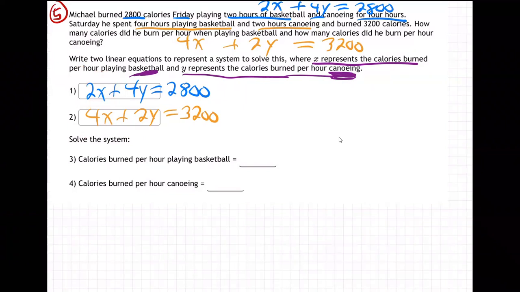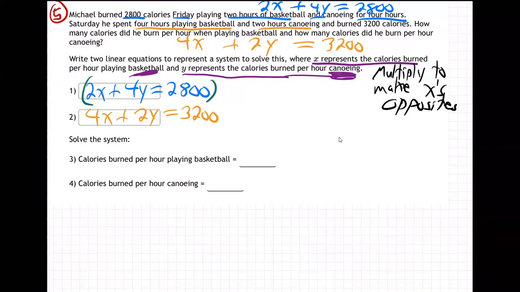So remember, you always multiply to make, I'm just going to do X's this time, X's opposites. So I'm going to take this one right here. I'm going to multiply by -2. And then -2 is going to go there, there, and there.